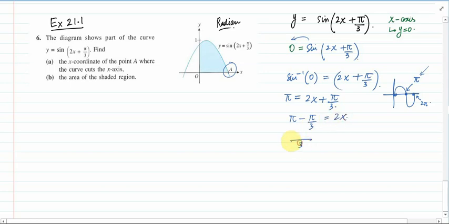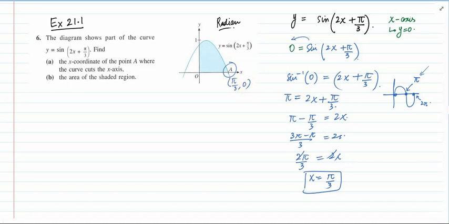Taking LCM, it's 3 pi minus pi equals 2x. 3 pi minus pi is 2 pi over 3 equals 2x, and 2 and 2 cancel. So x is equal to pi over 3, that is your a coordinate. The coordinates will be pi over 3 comma 0.